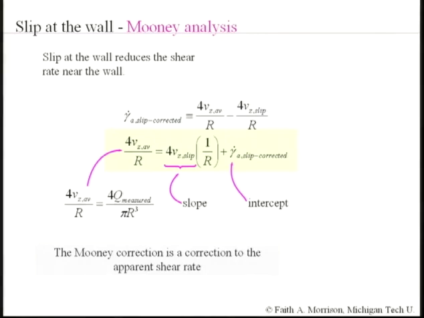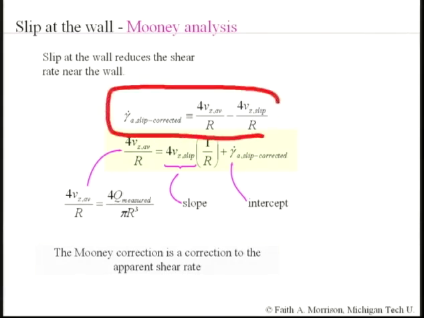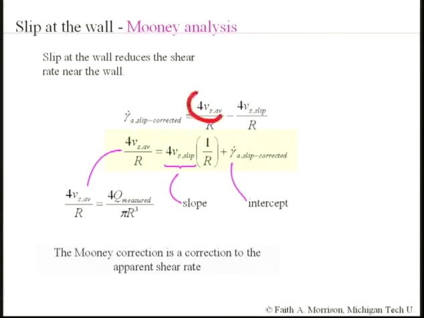So we solve this equation for the average velocity. That's all that's happened between here and here. And we get a relationship between what we'd like to calculate, which is the slip-corrected apparent shear rate, and the experimental apparent shear rate.